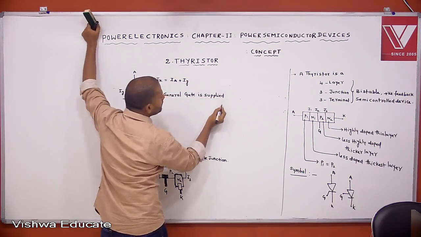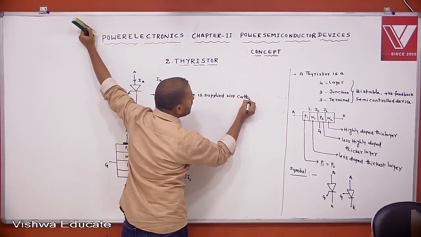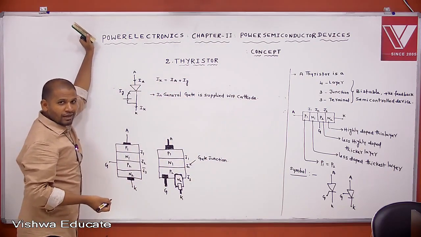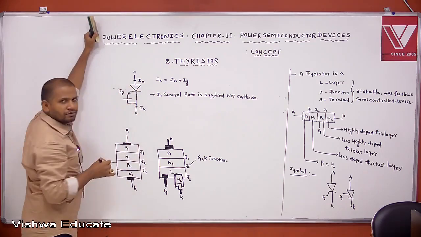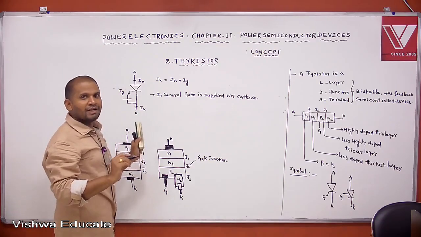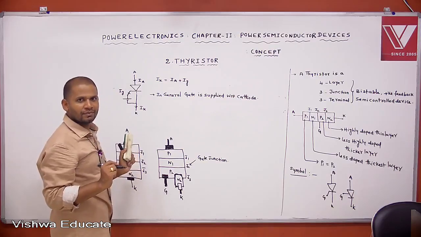That's why these are called cathode trigger SCRs. Sir, can you give the gate supply with respect to anode? Yes, we can also implement anode trigger SCRs. But generally we are using cathode trigger SCRs.